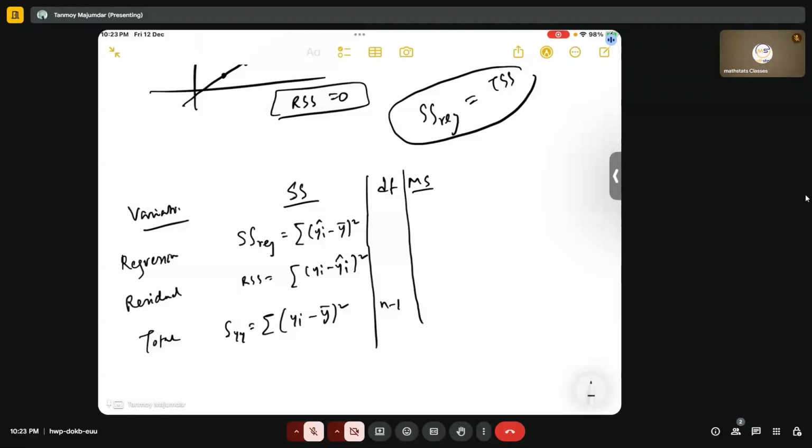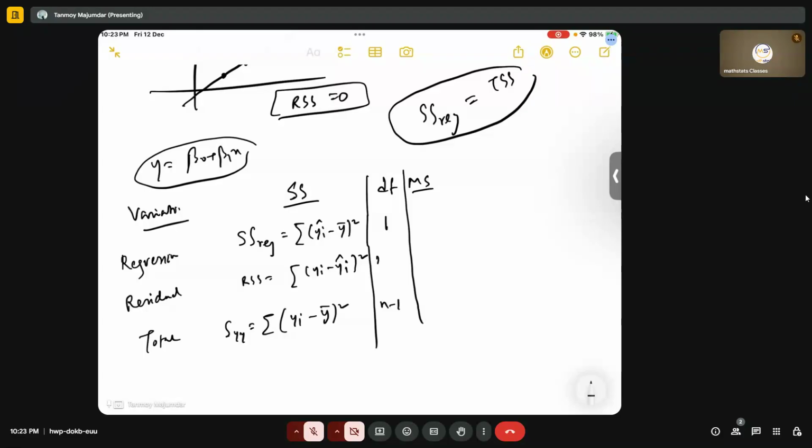Since there is one independent variable, so the df of regression is 1. मैं फिर से बता रहा हूँ एक important चीज है ये. Since we have one independent variable, so that's why degrees of freedom is 1. So बाकी जितना पड़ा रहा सारा residual df पे चला जाएगा.